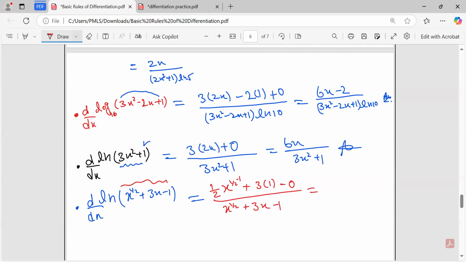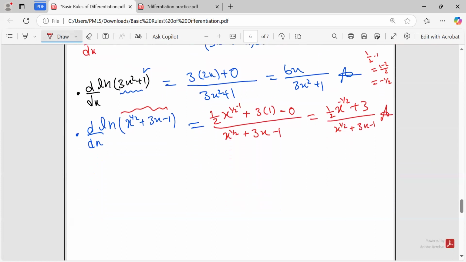So in this case, this will become 1/2, and we know that 1/2 minus 1 is equal to (1 minus 2)/2, which is minus 1/2. So it means x to the power minus 1/2 plus 3 divided by x to the power 1/2 plus 3x minus 1. So this is the answer.